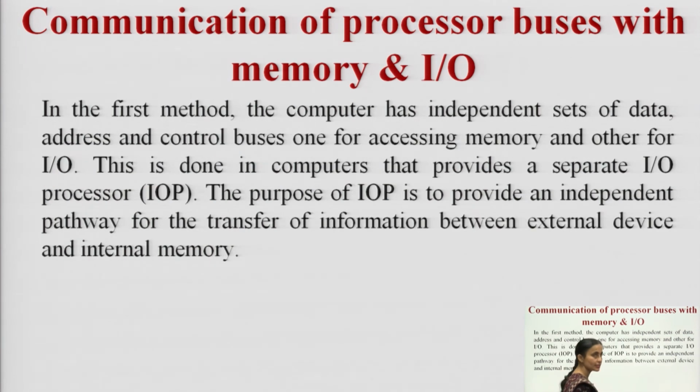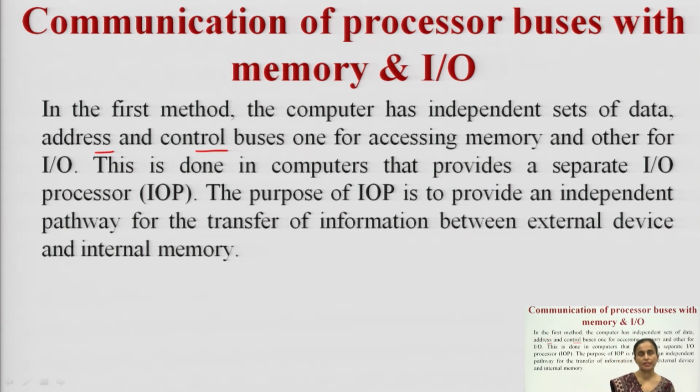We will discuss the first method, in which the computer has an independent set of data, address and control buses for accessing the memory and IO. This is done with a separate IOP.